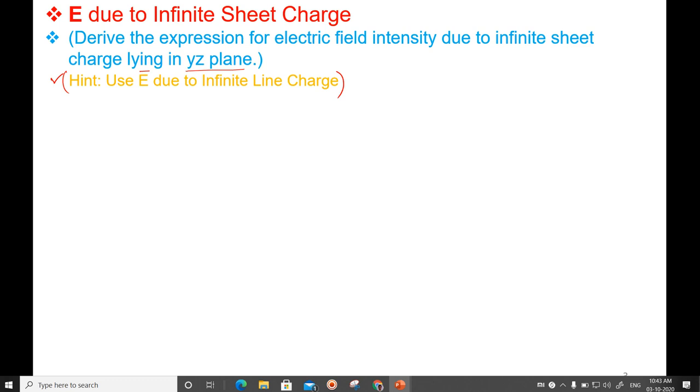So we'll try to draw the diagram. So x-axis, I will extend this just for my convenience. So infinite sheet charge, it is here.